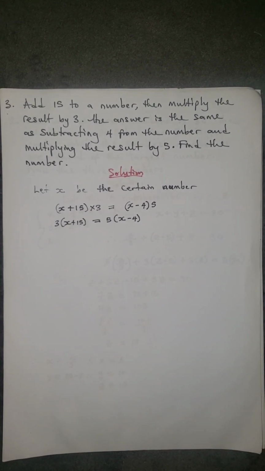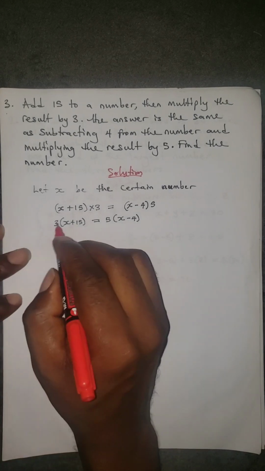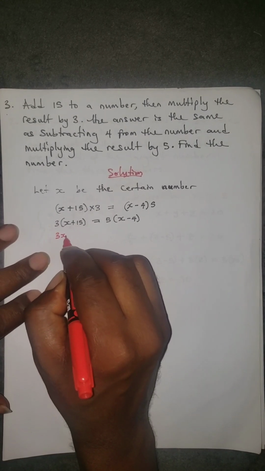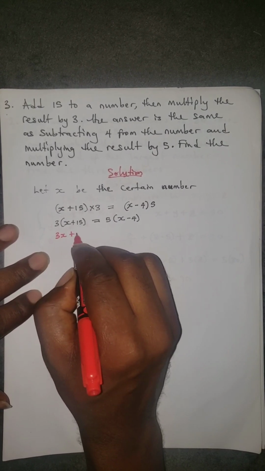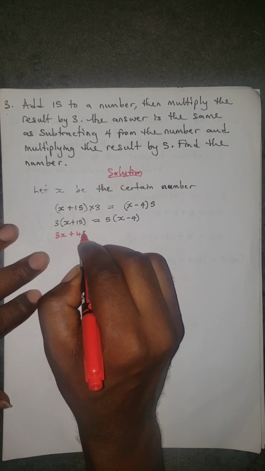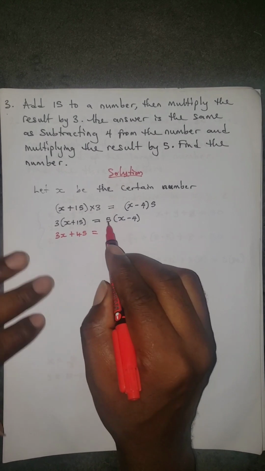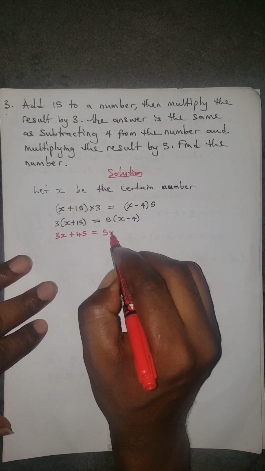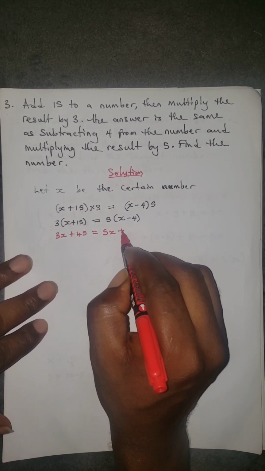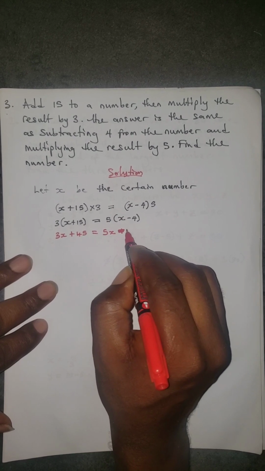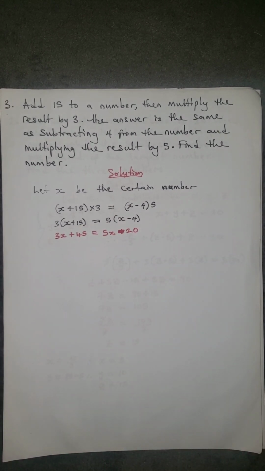So we have to solve the resulting equation. Okay, so when you open the bracket there, you have 3x. This times this will give you 45. Then 5 times this will give you 5x. Then this times this will give you minus 20. Okay, so I'll always keep my x where I have the larger value.